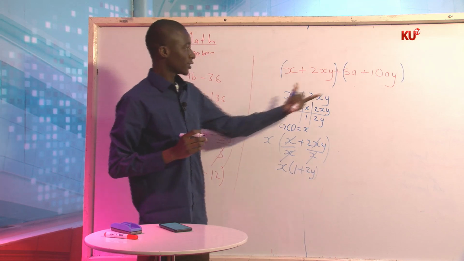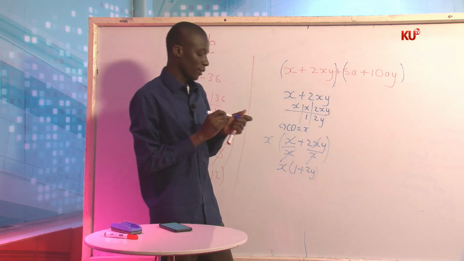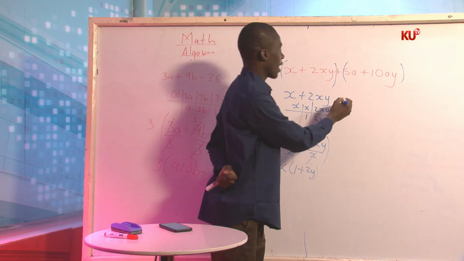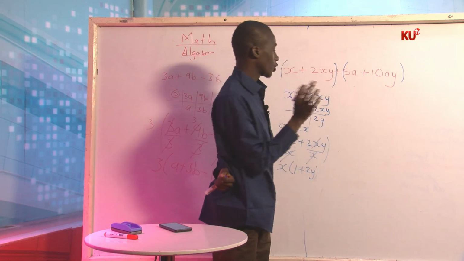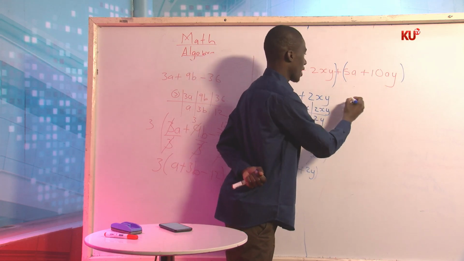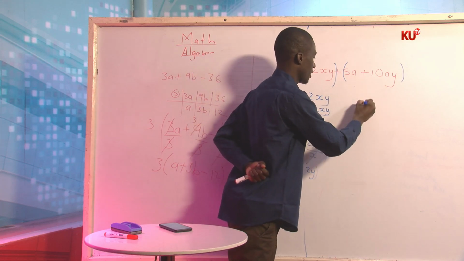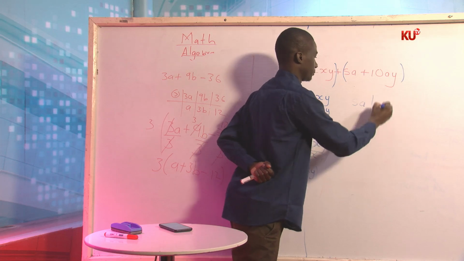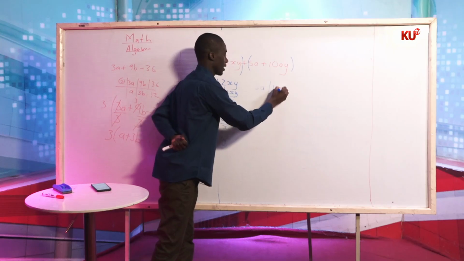We are going to repeat the same thing on simplification of the second part here, where we are going to obtain the GCD of now these 2 terms. So we are having 5a, 10ay.